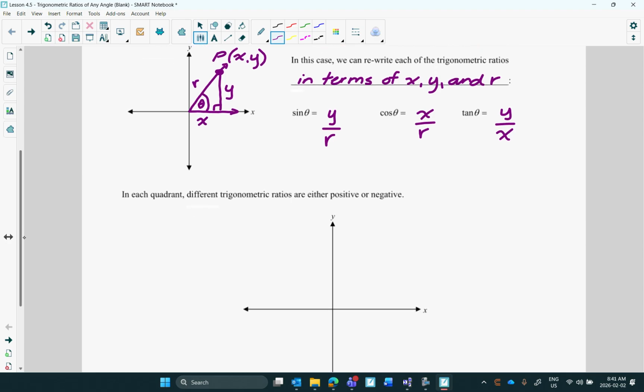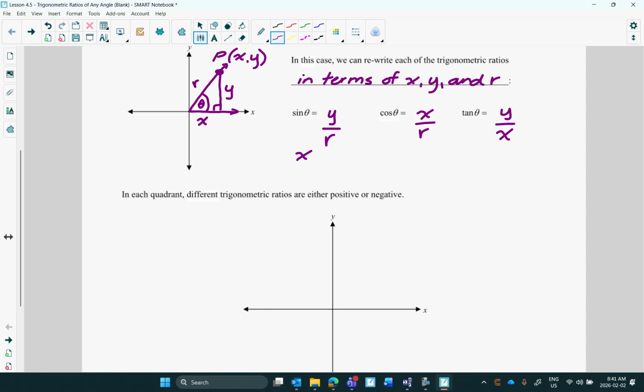But what happens if we want to deal with angles, like all the angles in quadrant 1 are between 0 and 90 degrees that we were used to. But what happens if we want to deal with trig ratios past 90 degrees, all the way up to 360 degrees?